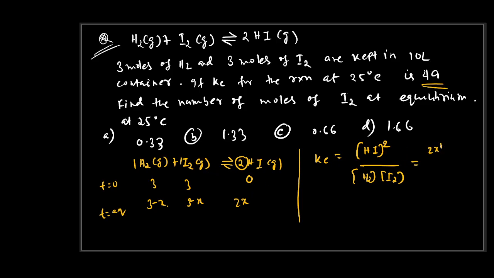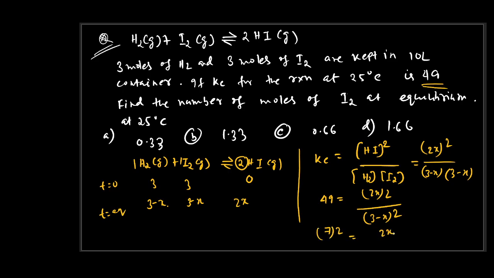So HI is 2x, squared, and H2 is 3 minus x, I2 is 3 minus x, and given that Kc is 49, that is 2x squared over 3 minus x whole squared. So I can write 7 squared equal to 2x over 3 minus x, whole squared.